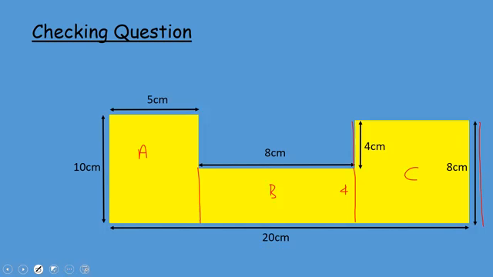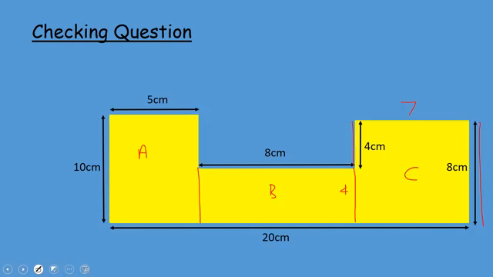And then for the width of C, which we don't know, we look at the entire length, which is 20 centimeters. We know the widths of A and B are 5 and 8, so 5 plus 8 is 13. So the width of C must be 20 take away 13, which is 7.